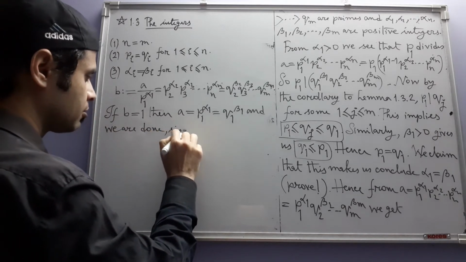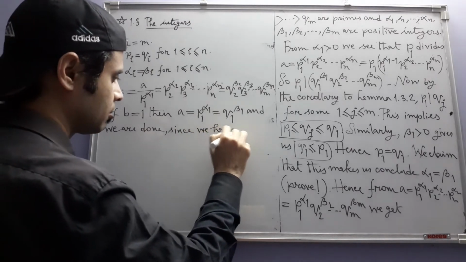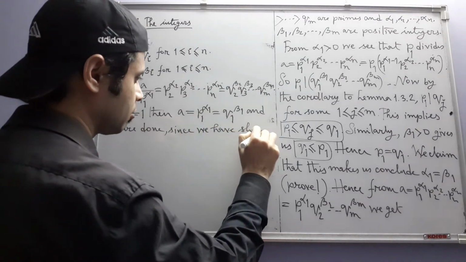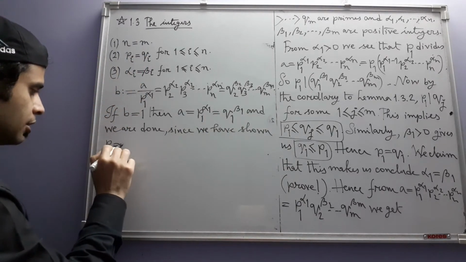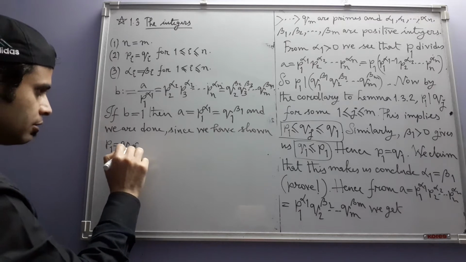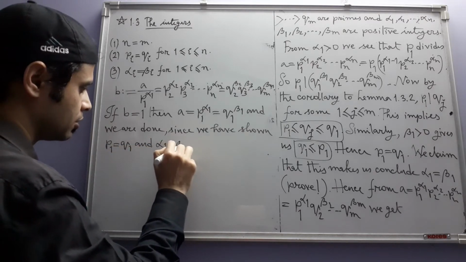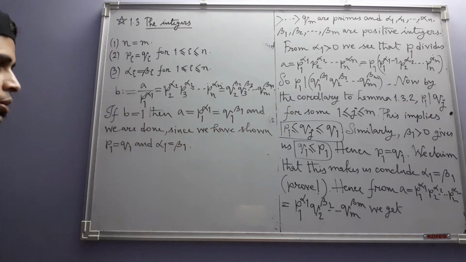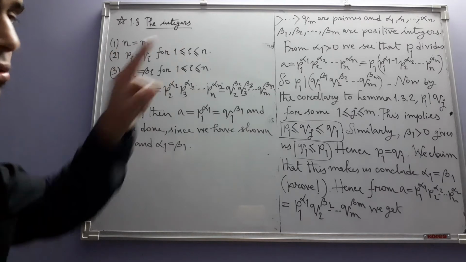Since we have shown that P1 is equal to Q1 and alpha 1 is equal to beta 1. So in this case, n is equal to m is equal to 1.